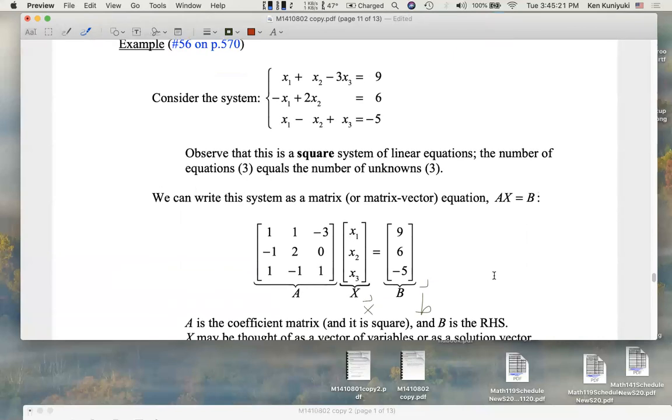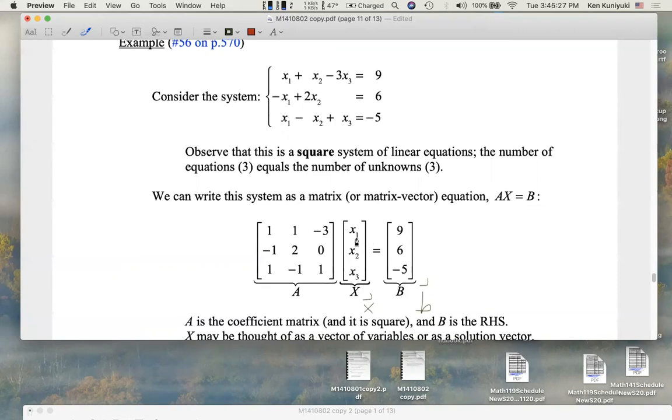Now, if you don't see why that is, remember that old trick. For example, how do we get that first equation? Imagine taking the dot product of this and this. 1 times x1 plus 1 times x2 minus 3 times x3, that's the left-hand side here, equals 9. And so forth.